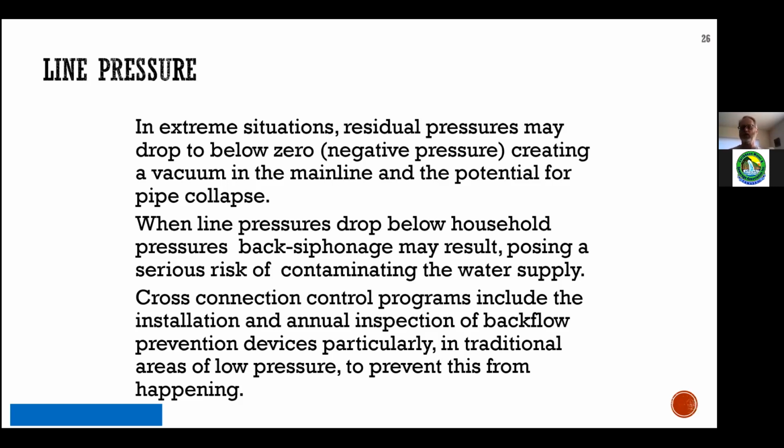And as operators, you know which areas of your system, as it says at the bottom of the slide, are traditional areas of low pressure. You may have high pressure areas, but low pressure areas we typically are aware of for a variety of reasons. And we set up our operations around that in areas where we had low grade lines and lower pressure close to that 20 psi or 140 kPa area.